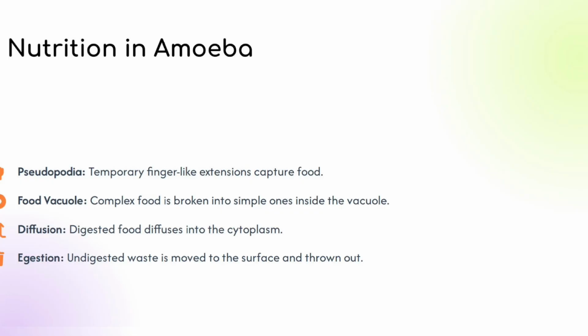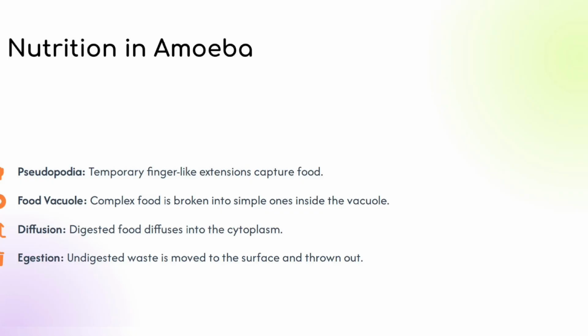Inside the food vacuole, digestive enzymes break down the complex food into simple substances, and the digested food diffuses into the cytoplasm and is used for energy and growth. Finally, the undigested waste is thrown out from the surface of the cell. This process is called egestion.